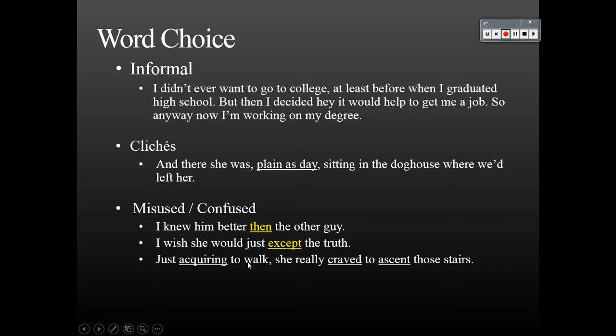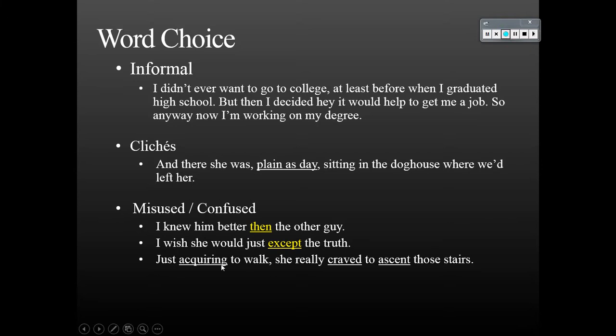Just acquiring to walk, she really craved to ascent those stairs. Acquiring to walk. Acquire means to get something or to possess, or to obtain. Okay, we don't really acquire a walk. We acquire material things. We acquire knowledge. We don't acquire to walk.